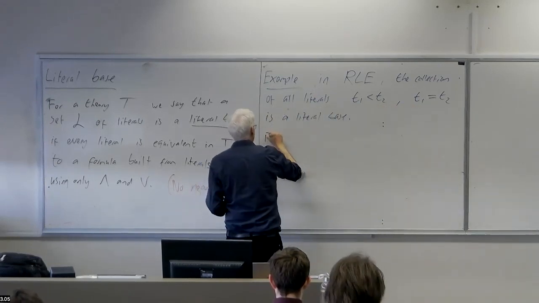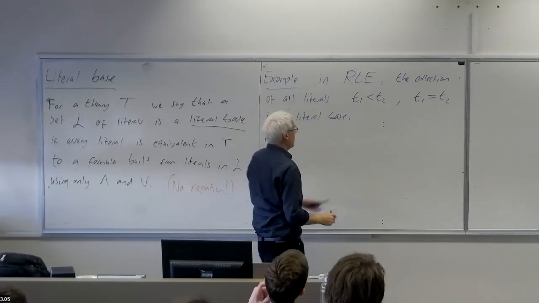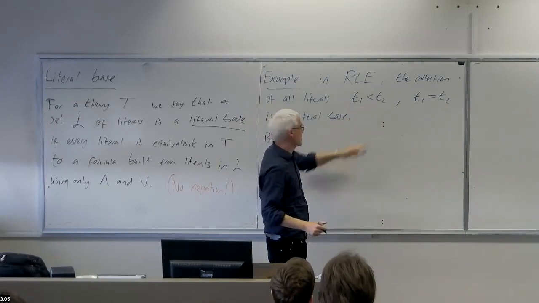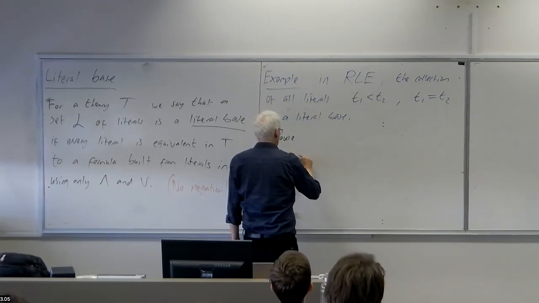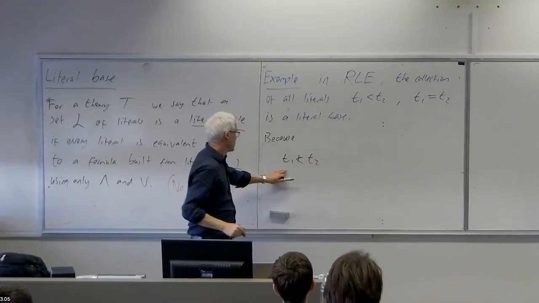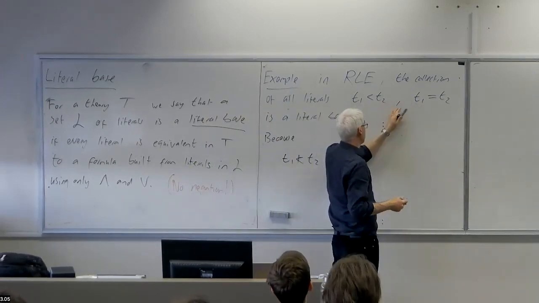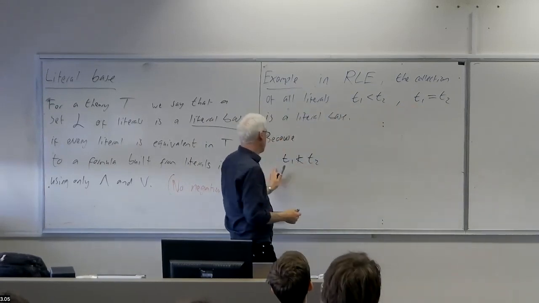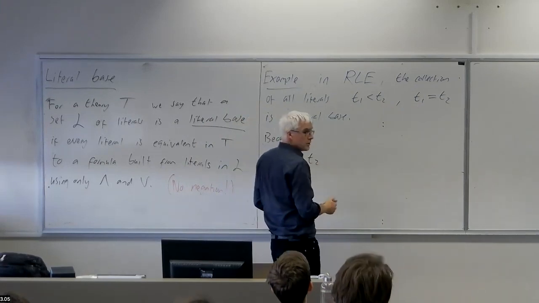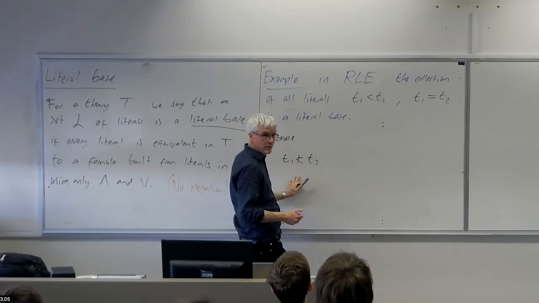And the reason for this is, we need to be able to express the negation of a strict less than as a combination of disjunctions and conjunctions involving just literals of this form. Well, in the real numbers, if T1 is not less than T2, that's the same thing as T2 is less than or equal to T1.